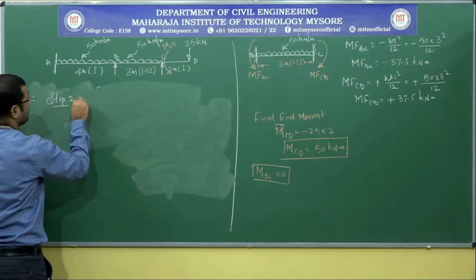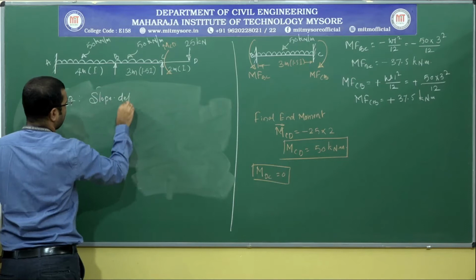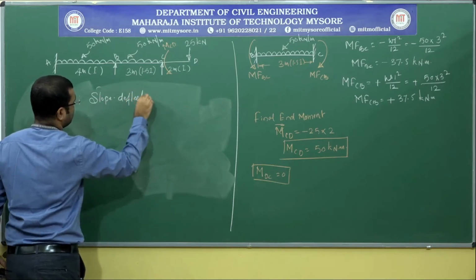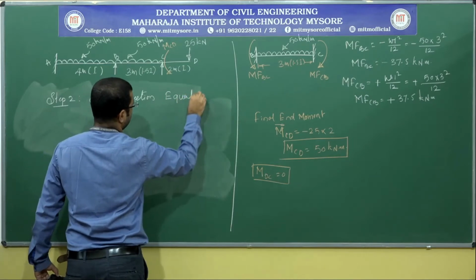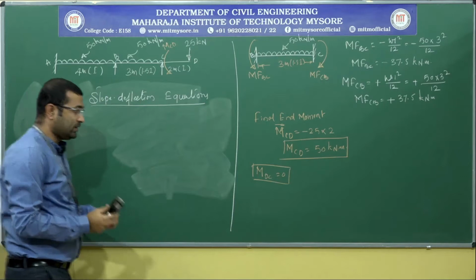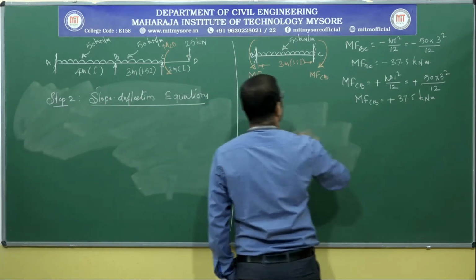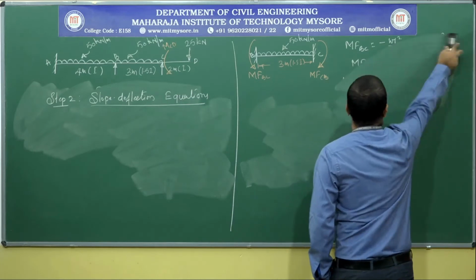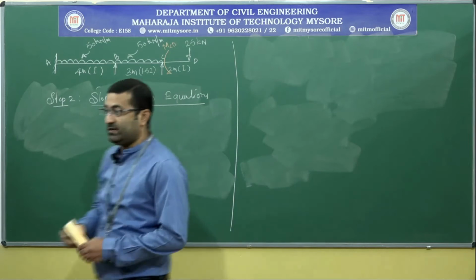Step 2, slope deflection equations. Okay. So, for each span we need to write the slope deflection equations. These slope deflection equations are nothing but the equations to determine the final end moments.